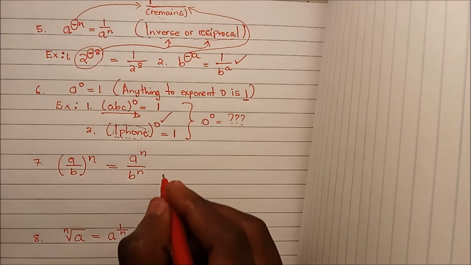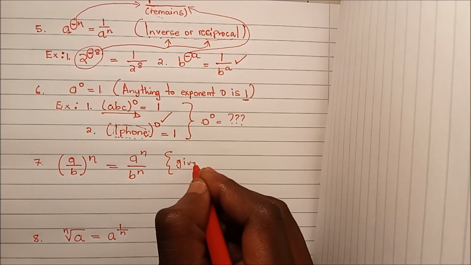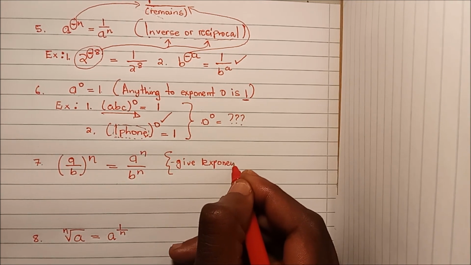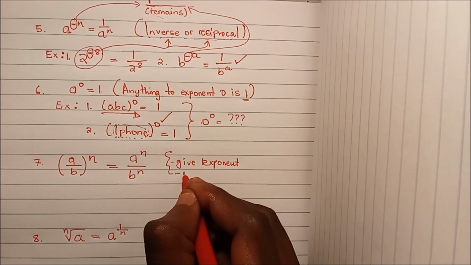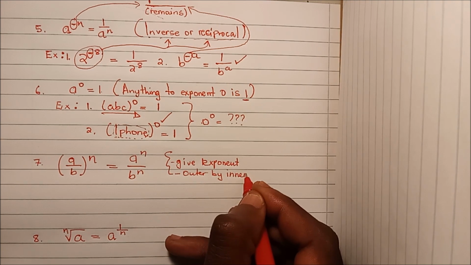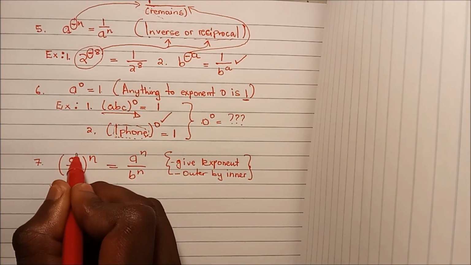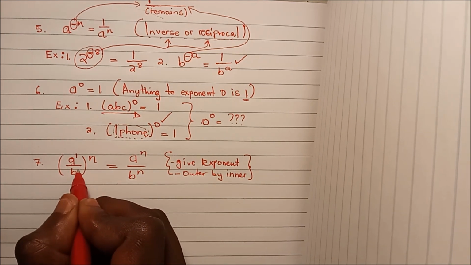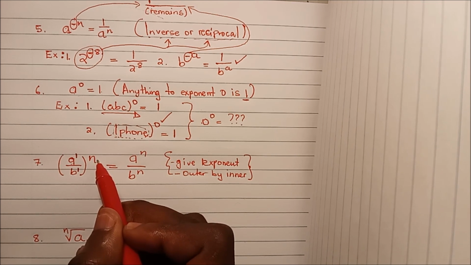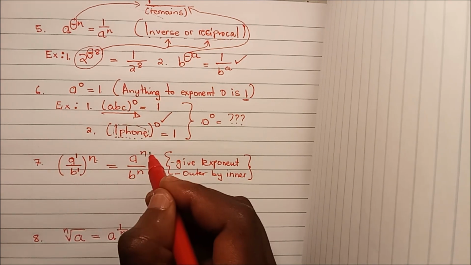We're going to use the same definition, given exponent, and then outer by inner. So what is the exponent for this A? It's 1. The exponent for that B is 1. So now you will just multiply the outer by the inner. So n multiplied by 1 gives us n.